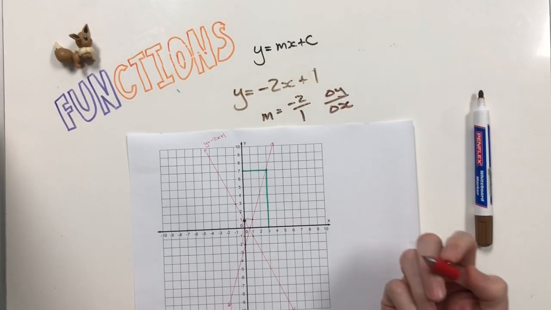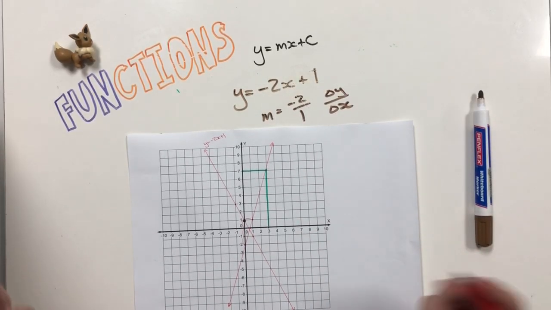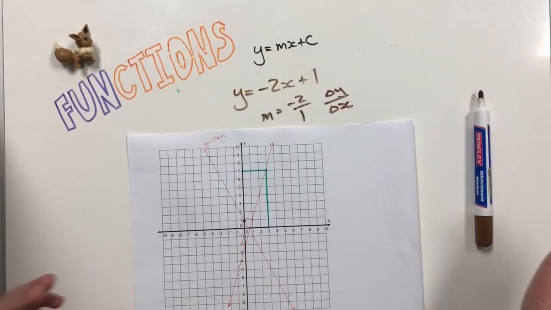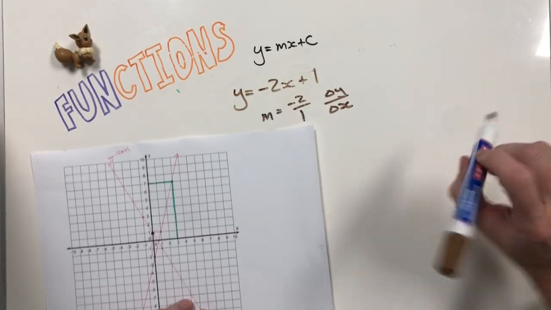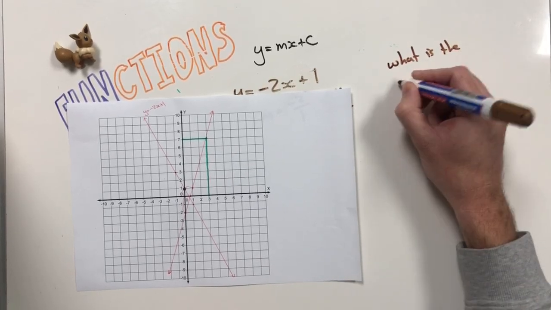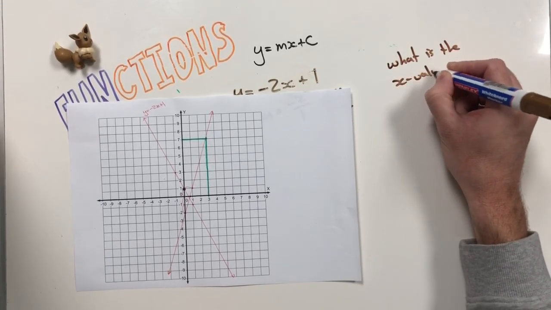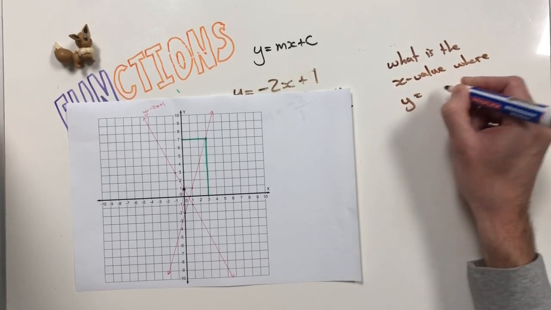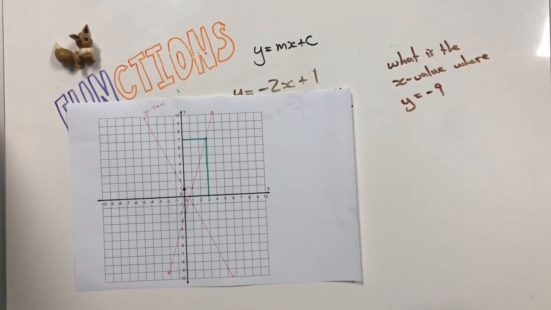And let's say they asked us, hey, graphically find out what the x value is where y is equal to -9, for example.